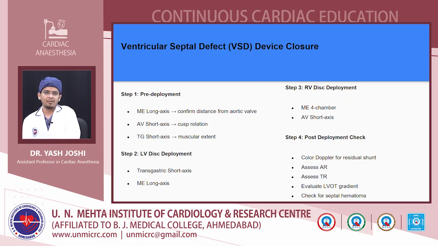To check LV disc deployment, we usually use the transgastric short axis as well as the mid-esophageal long axis views. For RV disc deployment, the mid-esophageal 4-chamber as well as the aortic valve short axis views. And post-deployment, one should check for AR, TR, any residual shunt, evaluate the gradient across the LVOT, and look for the appearance of any new VSD which might not have appeared before.